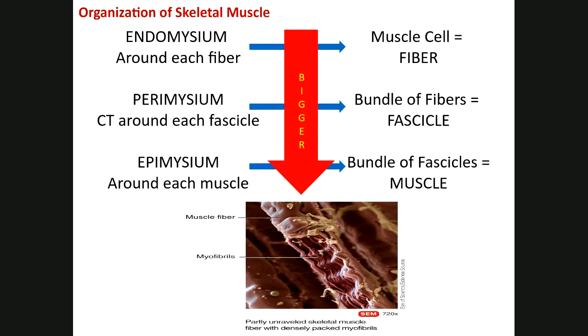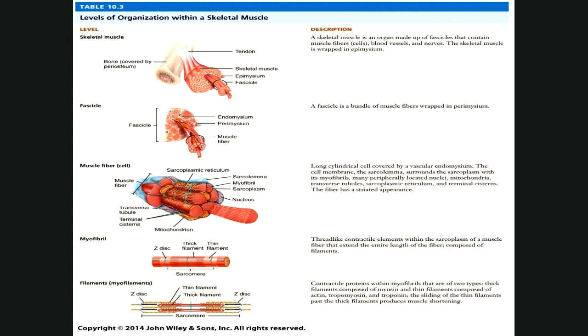So it's important to understand the organization of skeletal muscle, going from the largest, which is the epimysium around the entire muscle, the perimysium around each fascicle, and then the endomysium around each muscle cell fiber. So this is from your textbook. Make sure you understand the organization of skeletal muscles.